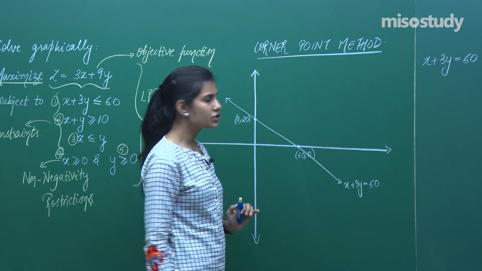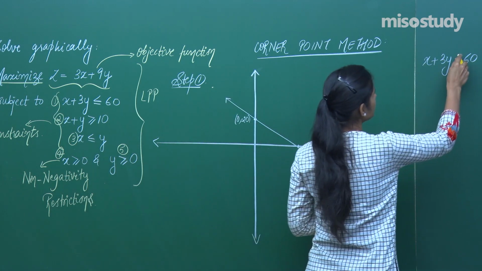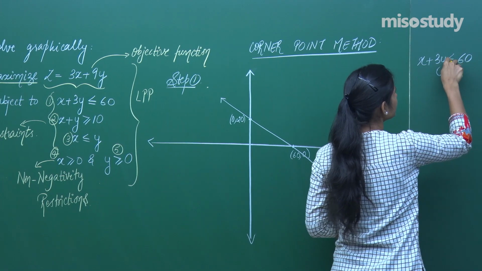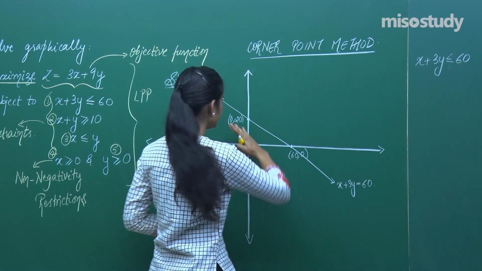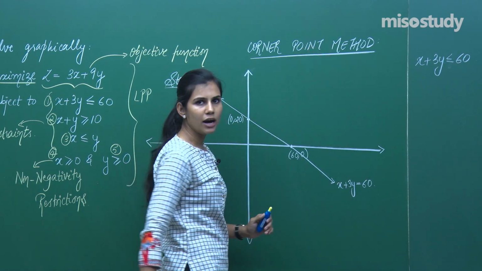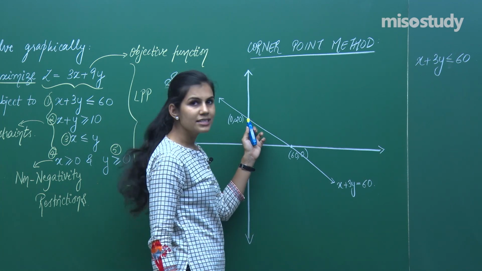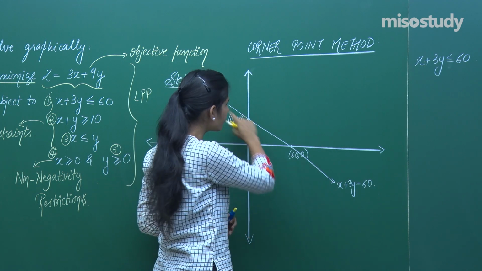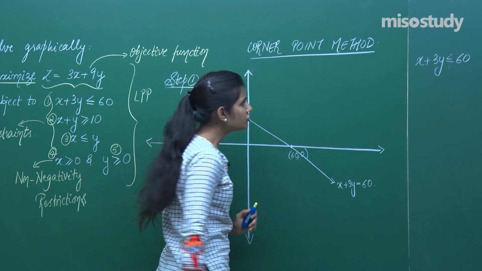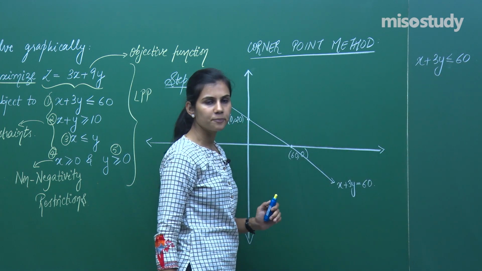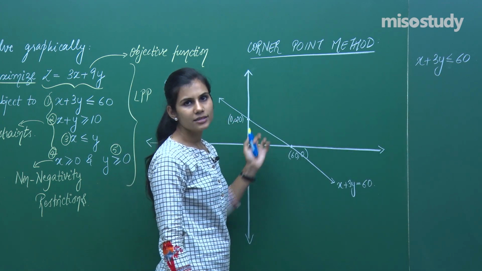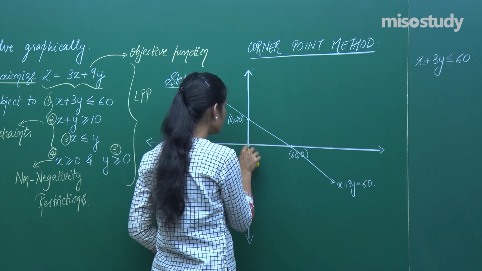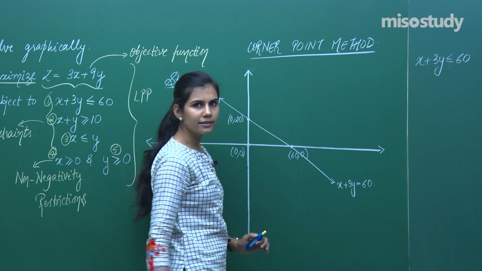What is the region represented by the inequation x plus 3y less than or equal to 60? It will be either this side of the half plane or this side, wherein this line is dividing the entire coordinate plane into two half planes. One of the half planes, along with the points on the line, is going to be the region represented by this inequation. How do we find that? Pick up a point lying on either side of the half plane from this line. (0, 0) is a point lying in this half plane.